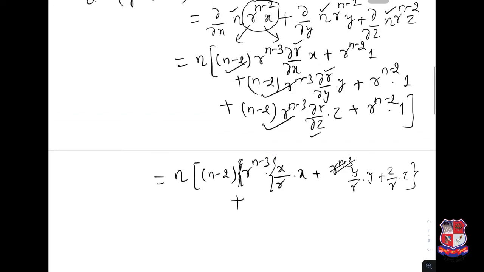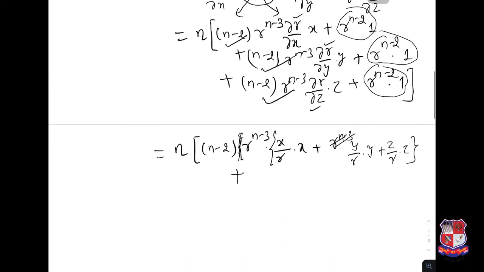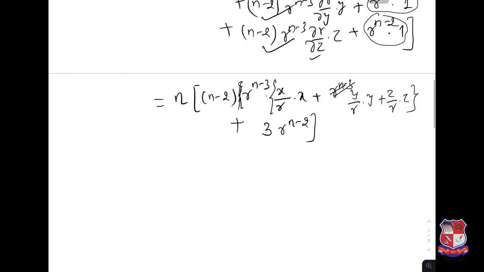Del r by del x is x by r into x plus y by r into y plus z by r into z, and plus now r power n minus 2, r power n minus 2 and r power n minus 2, so they are 3 times, so plus 3 times r power n minus 2.